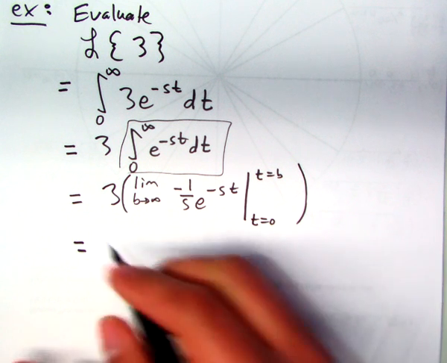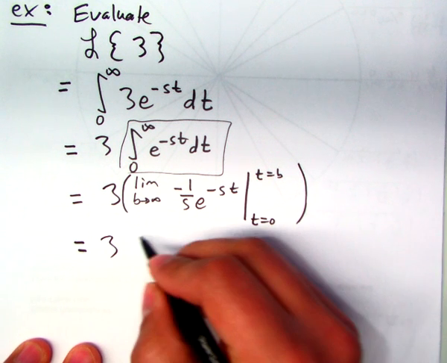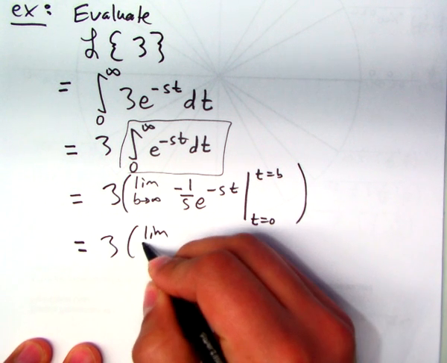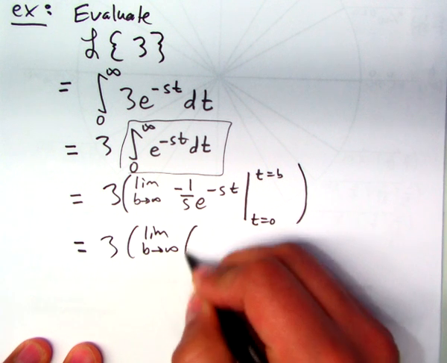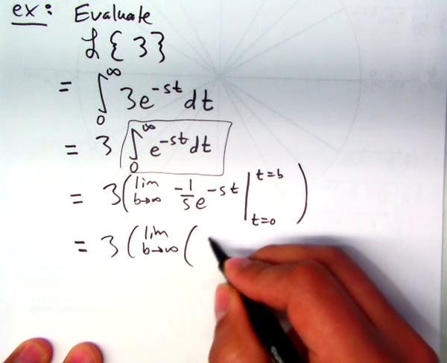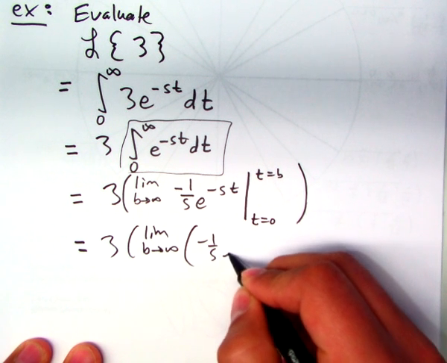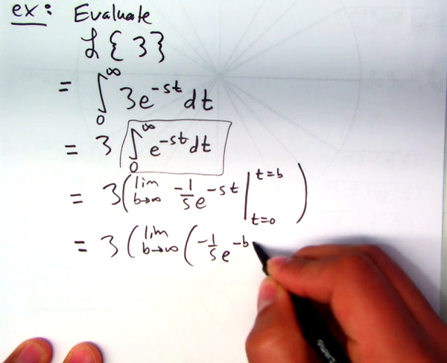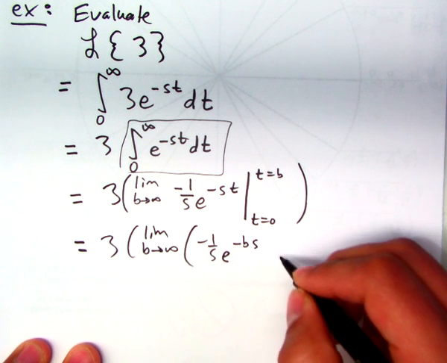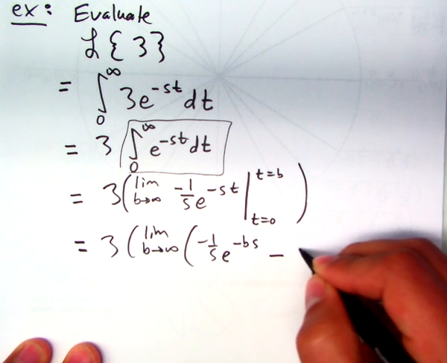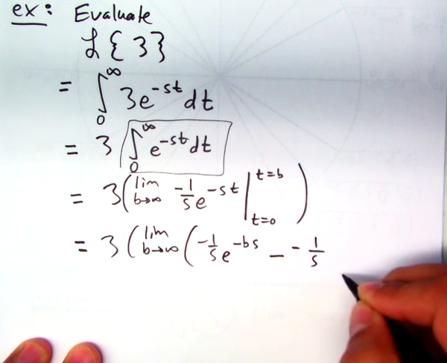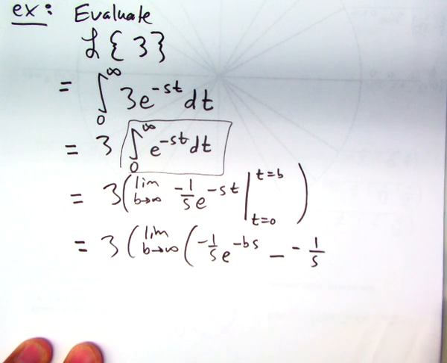So 3 times the limit as b goes to infinity of, if I plug in the bounds, minus 1 over s e to the negative bs, minus negative 1 over s times e to the 0, which is just 1.